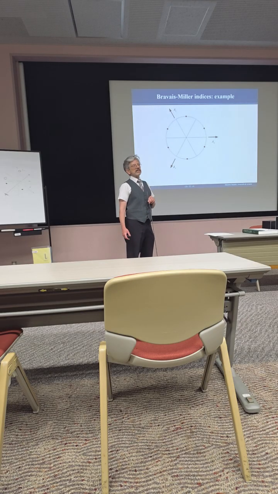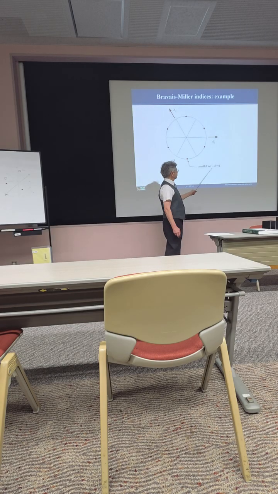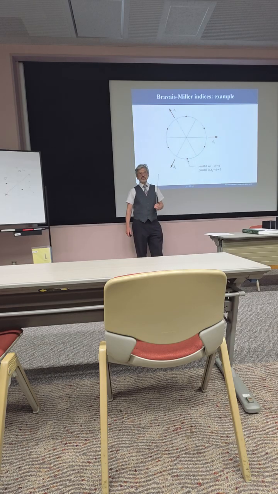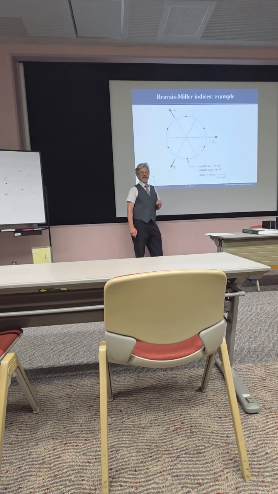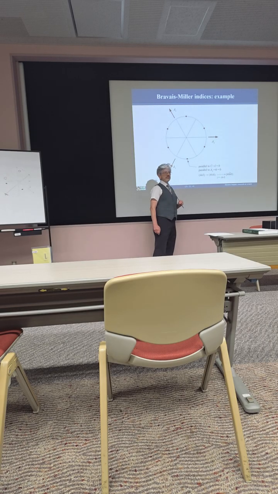Same, but this time parallel to C as well. What do I have? This is parallel to C, so L equals 0. And this is parallel to A2, so K equals 0. So what happens? I go from HKIL to H0I0. Then I know that I is minus H minus 0, which means that I have H, 0, H bar, 0.